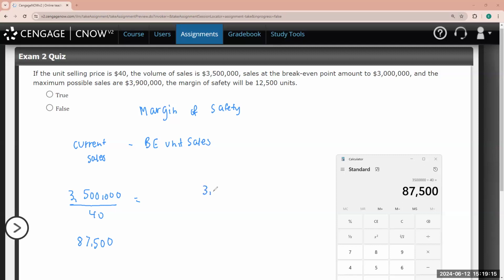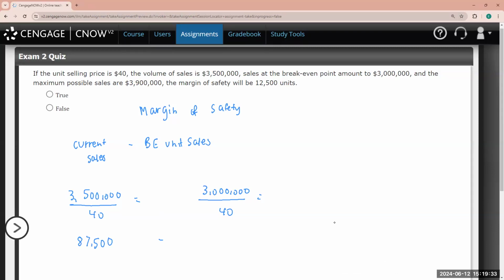And then we have the break-even sales of 3 million divided by 40, which would give us 75,000 sales in units. So therefore, based on this information, it's asking us, would the margin of safety be 12,500? So it would be 87,500 minus 75,000 would be 12,500. So the correct answer is true.